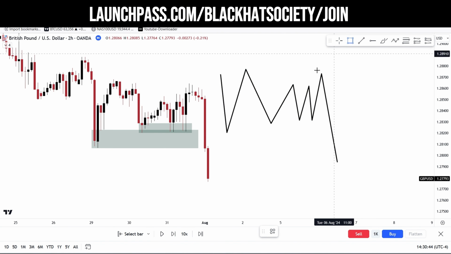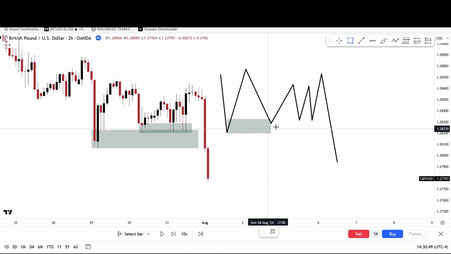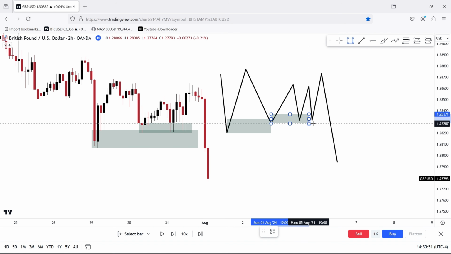So let's take this out. The first rejection was right here. Now this rejection here formed another rejection here. And as you can see, these two swings never got below this first interaction.